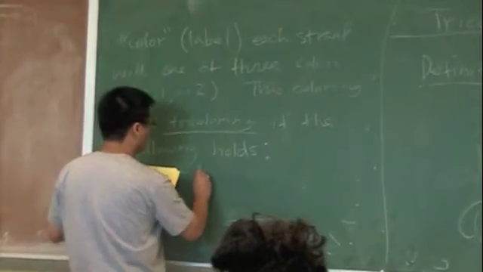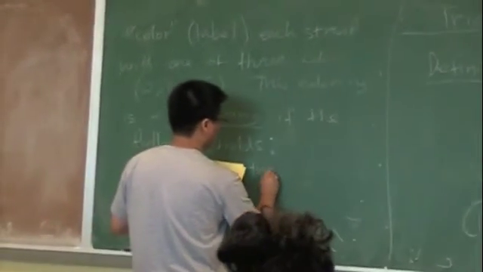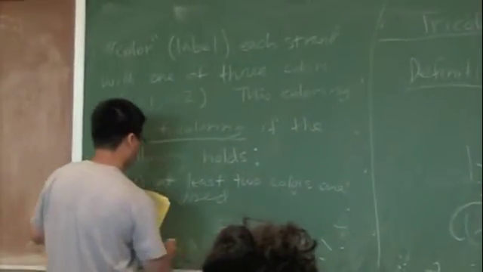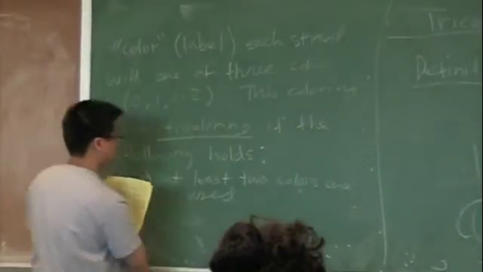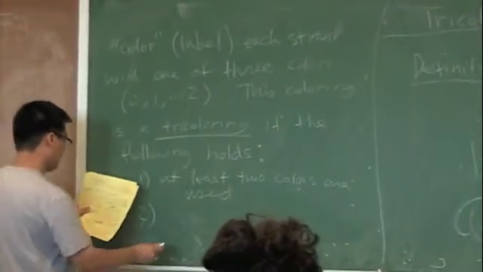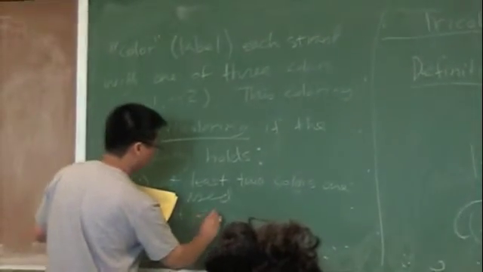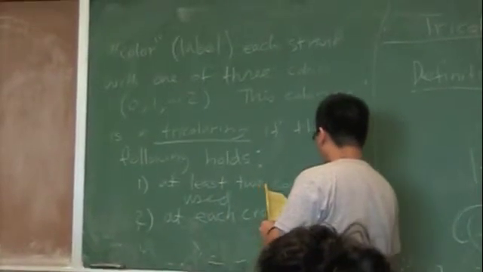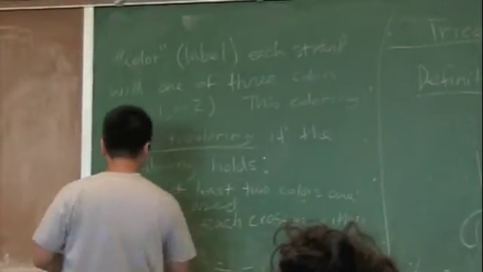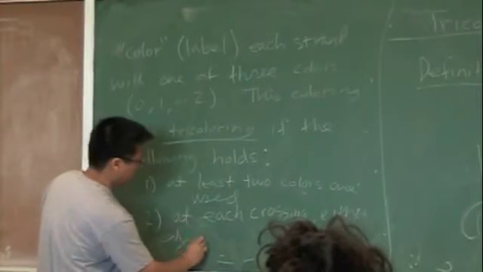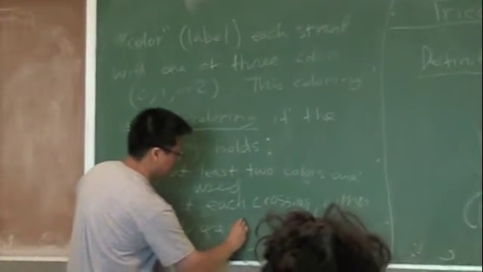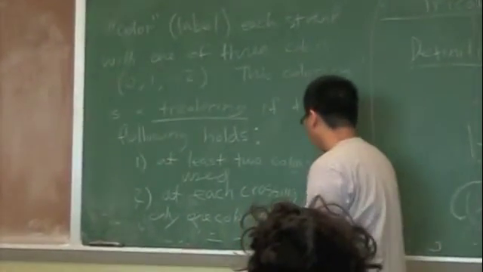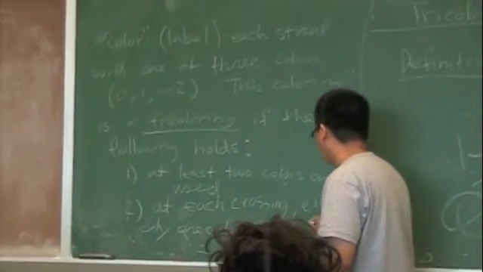At least 2 colors are used. And the other one, which works sort of in conjunction with it, is that at each crossing, either only one color appears, or all 3 appear.